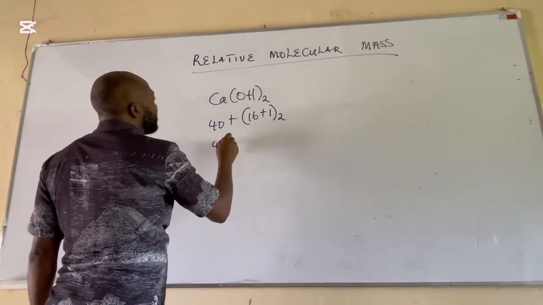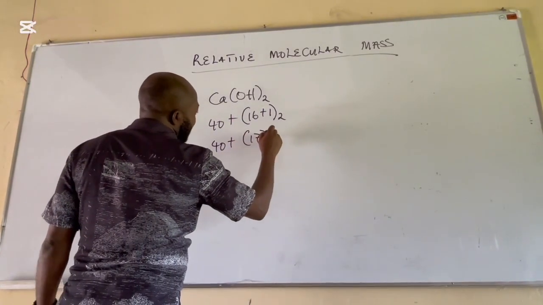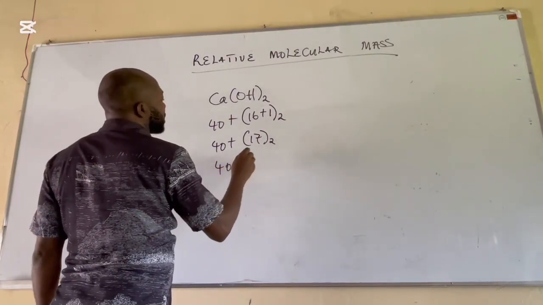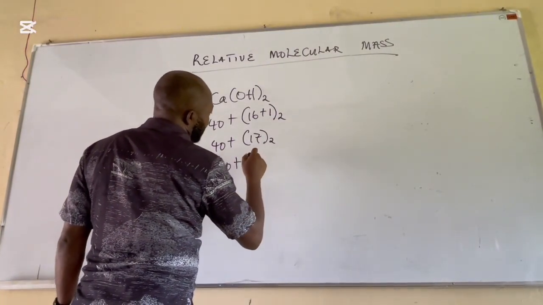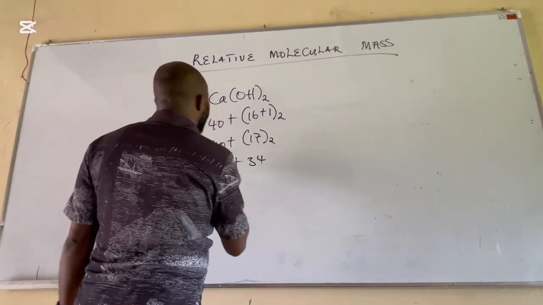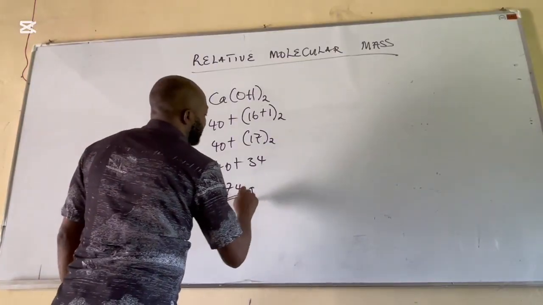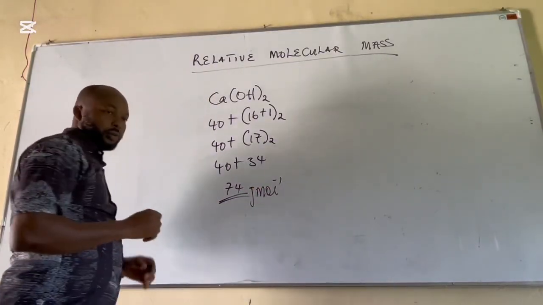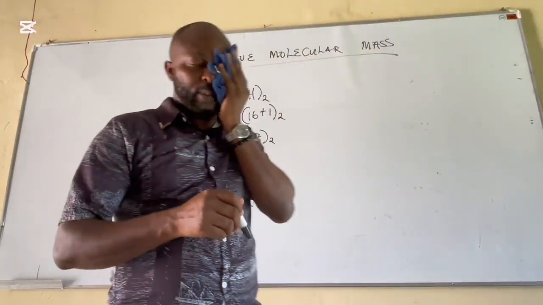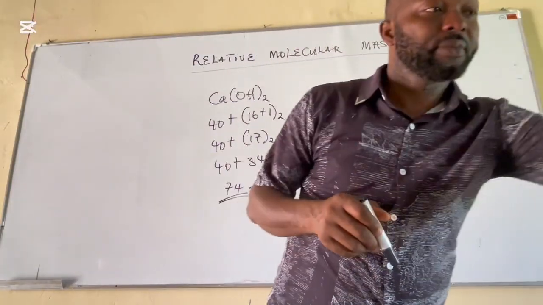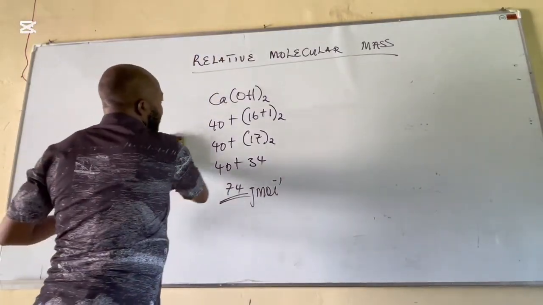Now, this is my 40 plus 16 plus 1 is 17 times 2. 40 plus, that is 34, right? 17 times 2, 34. 34 plus 40 is 74. So by this, you see, here we have 74. Okay, let's take another question.